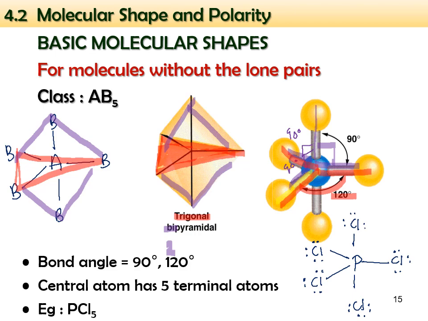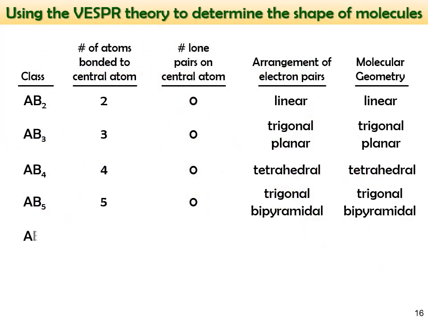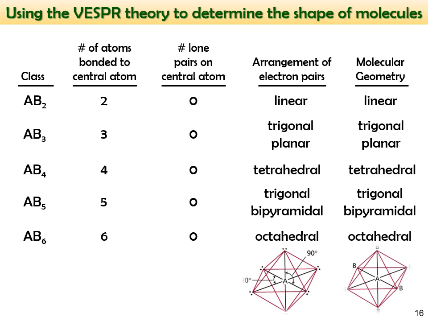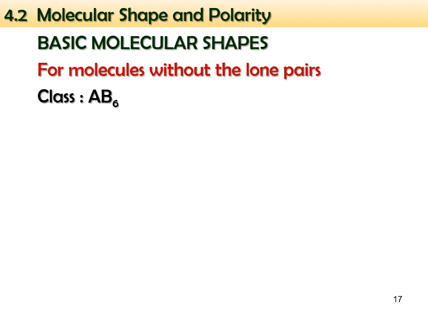Alright, so next, the last basic molecular shape is AB6 with 6 atoms bonded to the central atom, no lone pair here, and the arrangement of the electron, we call it octahedral. Okay, so for AB6, how to draw it? Central atom A, B 1, 2, 3, 4, 5, 6.